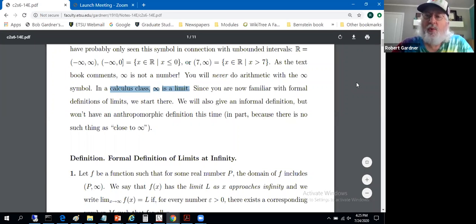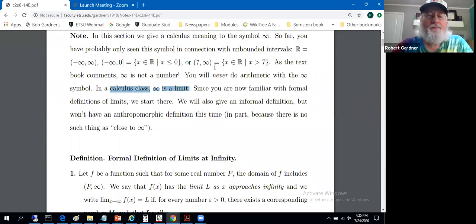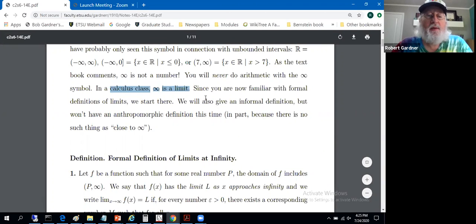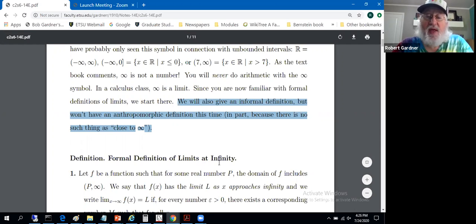You'll do it in Calculus 1 or 2, depending on how the book's laid out. You're familiar with a formal definition of limits by this stage. So we'll give a formal definition when we encounter these infinite limits, "ad infinity," the book will call them. I'm going to object to that word right there.